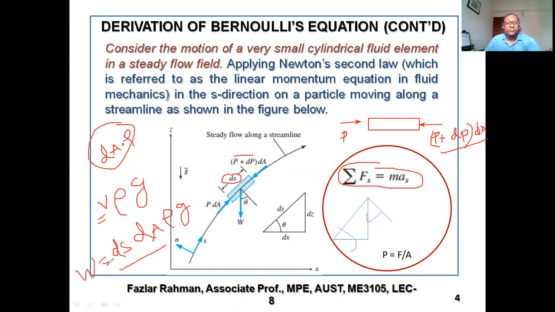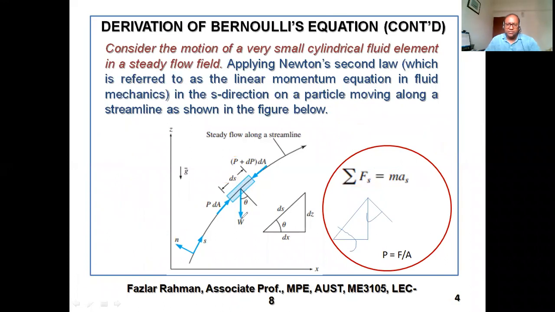Now, this W is working vertically downward, but all the forces are working parallel or tangent to the streamline. So we need to divide the W into two components. If this angle is theta, what is this line?